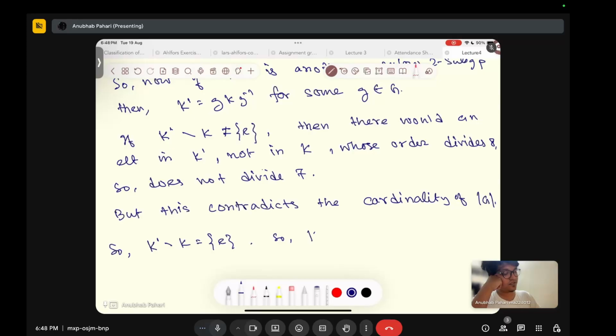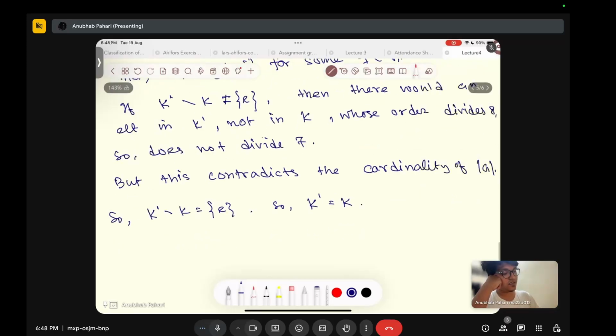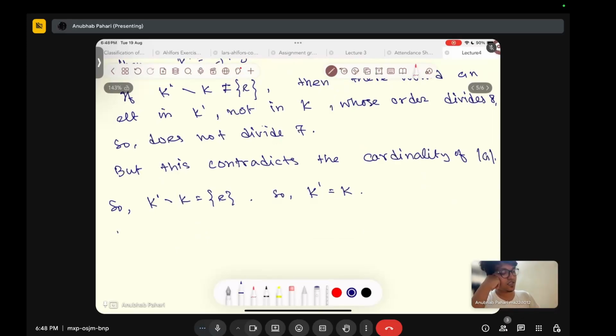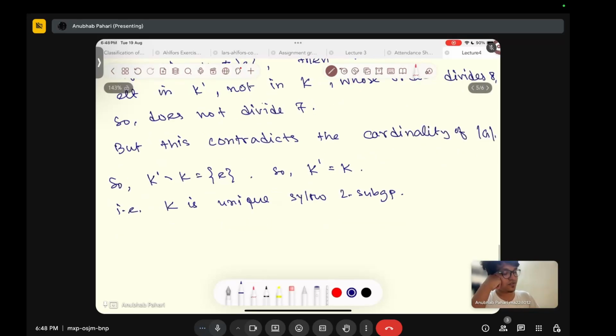So K is the unique Sylow 2 subgroup, so K is normal, which implies G is not simple.